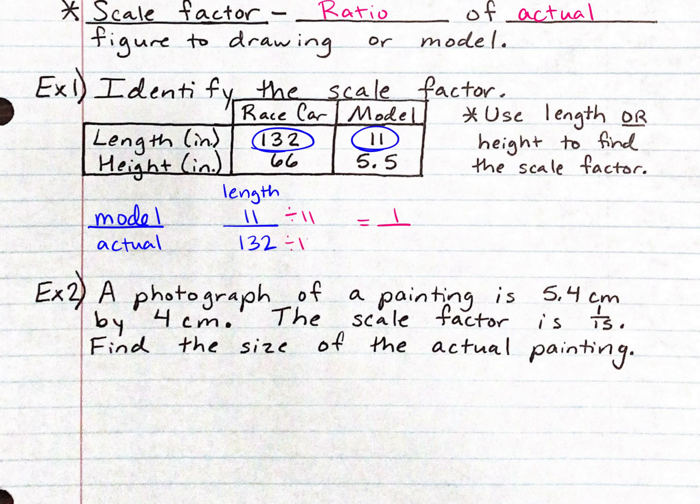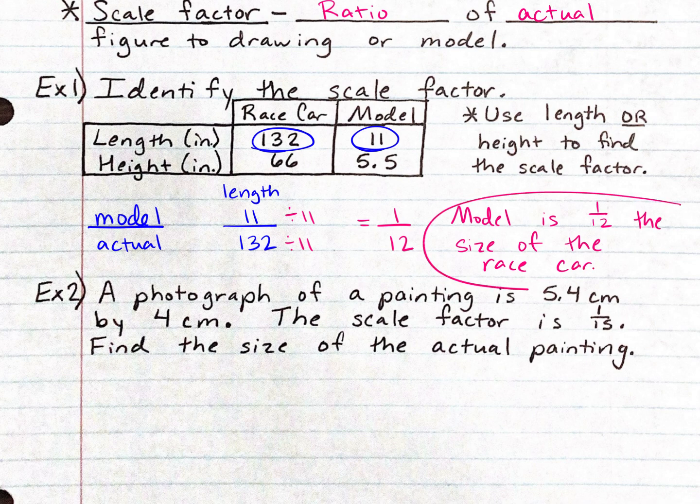So I'm going to divide the denominator, 132, by 11, and it happens to be exactly 12. So that's our scale factor. The model is 1/12 the size of the race car. So the scale factor is 1/12.